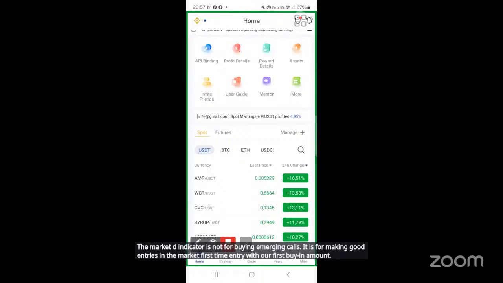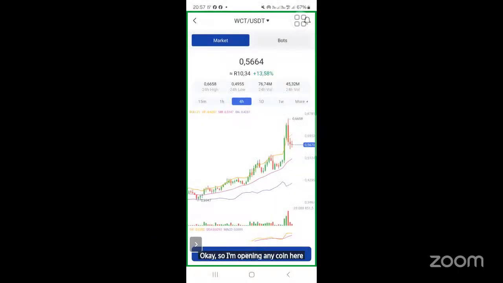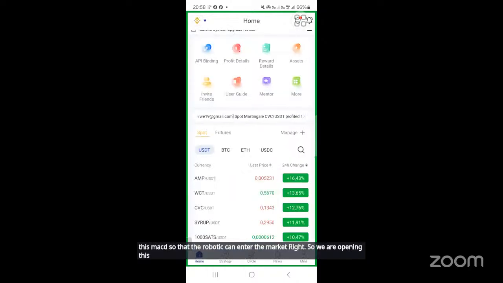Okay, so I'm opening any coin here just for demonstration, so that we are able to see where we set this MACD so that the robot can enter the market. Right. So we are opening this coin called WCT.